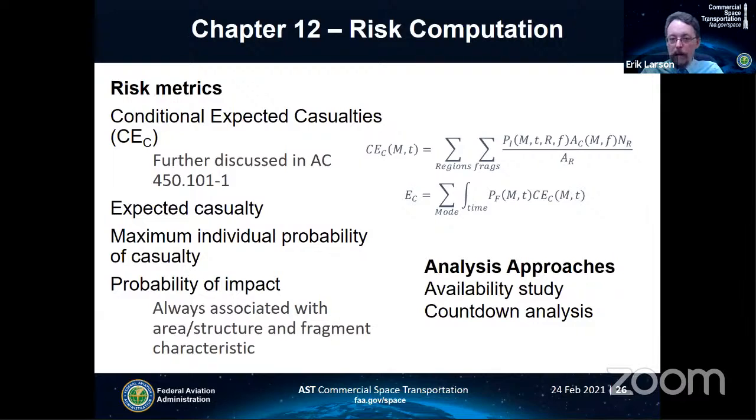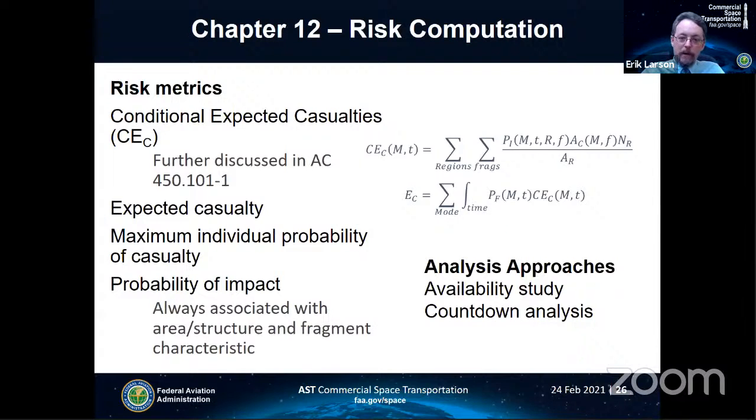Another important metric is the individual probability of casualty, because for individual risk, that is also one of the metrics in 101 to limit the probability of casualty to any particular individual from an event. And then also discussing probability of impact, which is important for measuring the consequences to structures and critical assets.